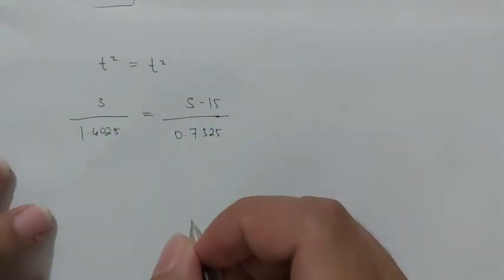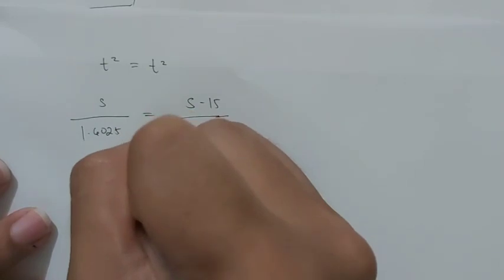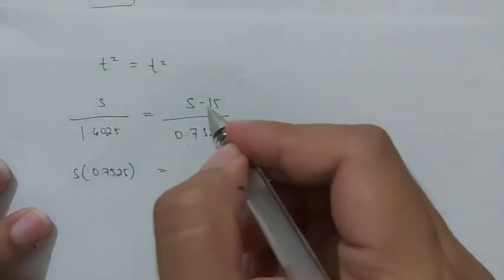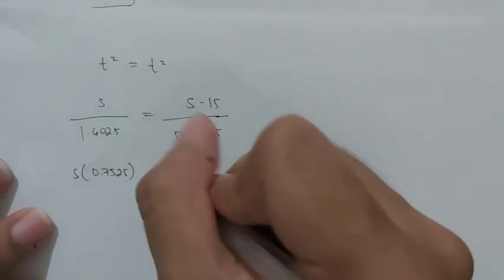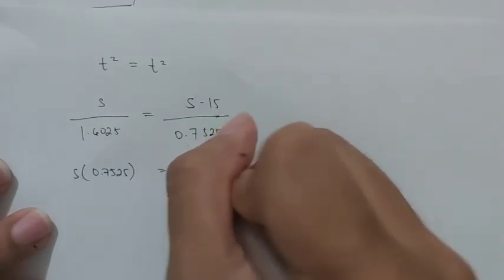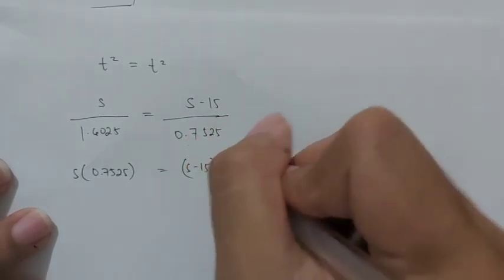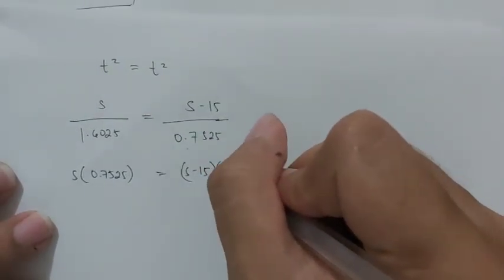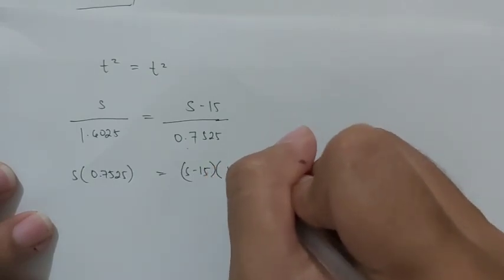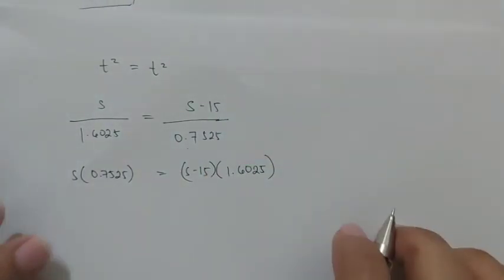Then we have, so cross multiplication, we have s times 0.7525 is equal to s minus 15 times 1.6025.